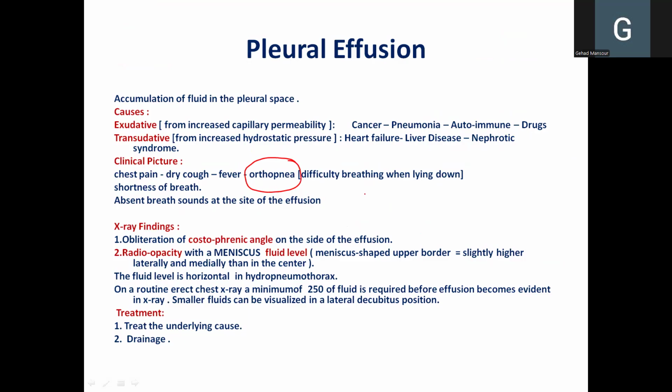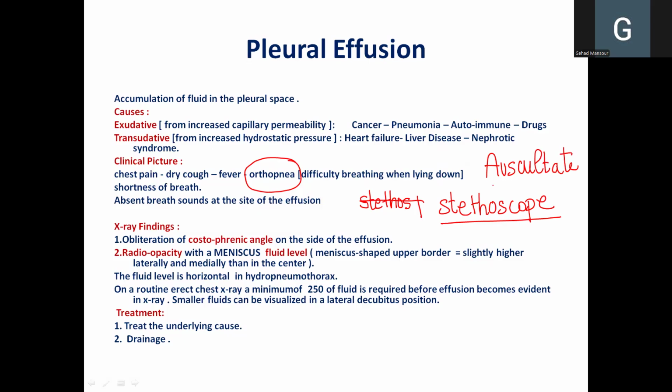As I said before, if you use the stethoscope, which is in Arabic al-sam'a, the stethoscope helps you auscultate the lung. Auscultate means that you hear or listen to the breath sounds.